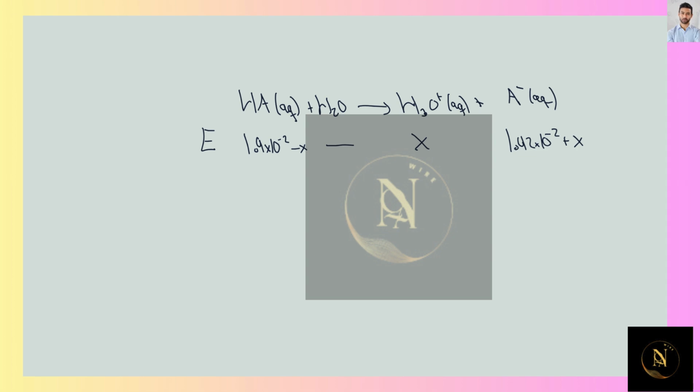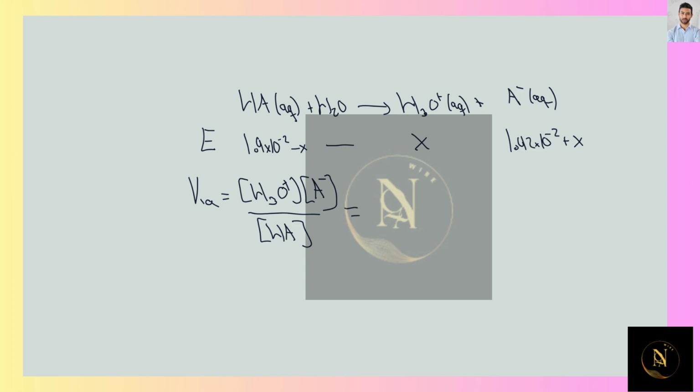So we are required to find the quadratic expression that comes from this, and to find the values for x and the final pH. Okay, so first of all, let's write down our definition for Ka. Ka is equal to the concentration of H3O+ times the concentration of A minus divided by the concentration of HA.